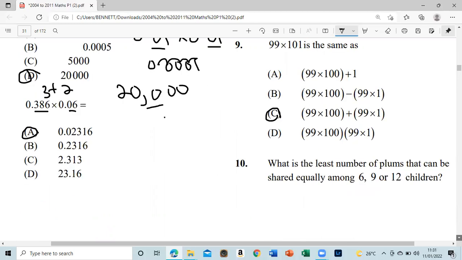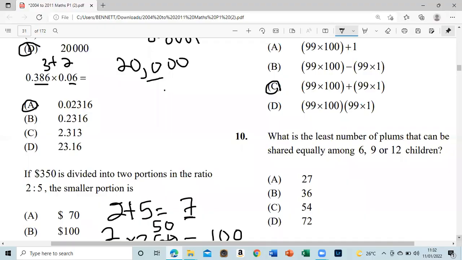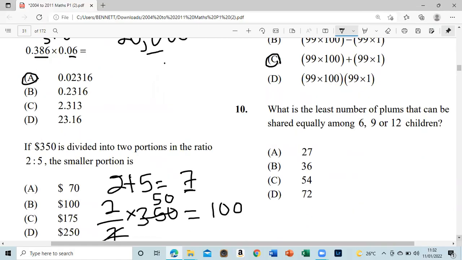All right, number 10. What is the least number of plums that can be shared equally among 6, 9, or 12 children? All right, so what they're looking for, multiples of 6: 6, 12, 18, 24, 30, 36.